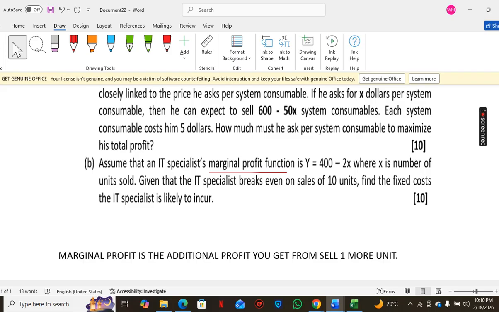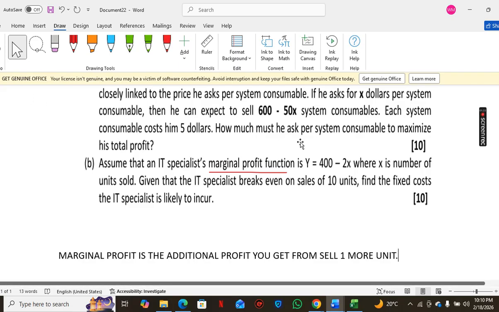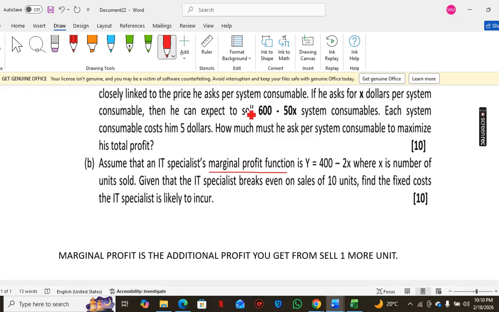If this IT specialist sells one unit, 400 minus 2x is the extra profit he's getting.